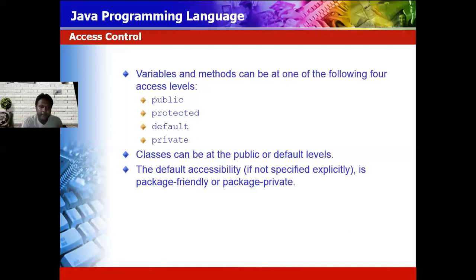If you define a member like a variable or function as public, then that member can be accessed anywhere in the classes, any class, any package. But if you define it as protected, it is used only in the child class.